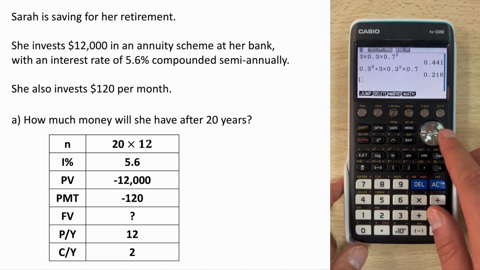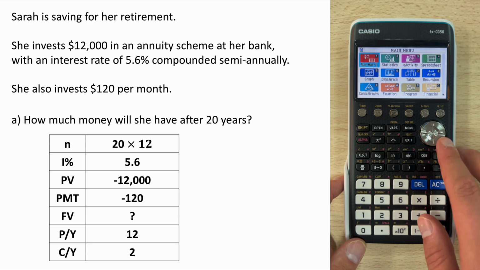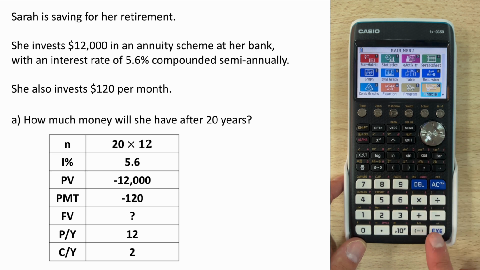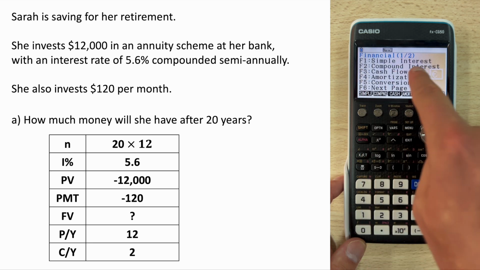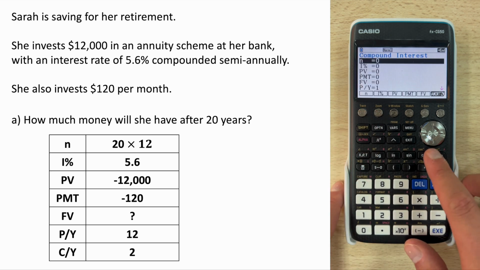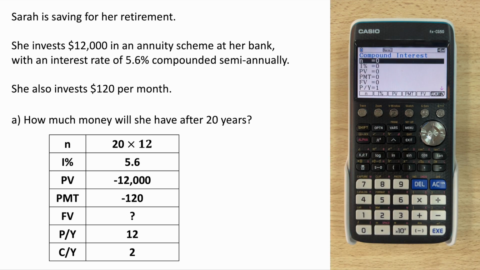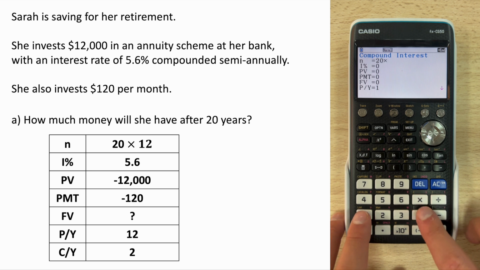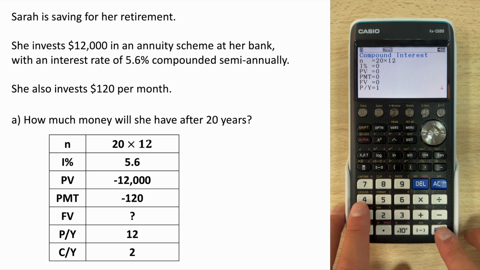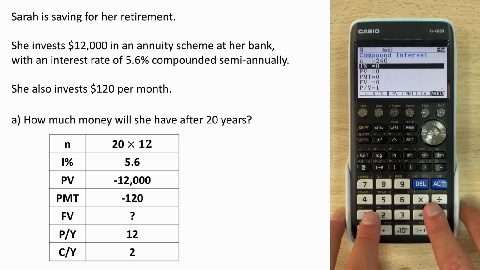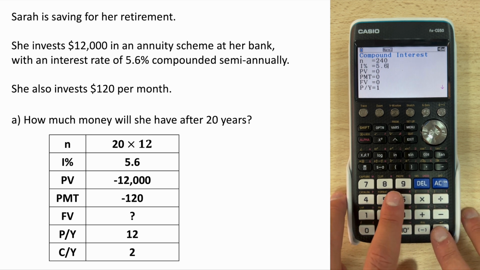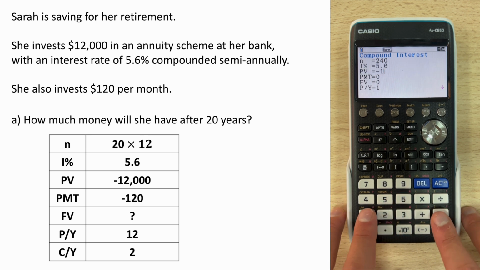Got the calculator here. We're going to go to the Finance app, press enter, and we're going to choose F2, compound interest. You're going to type in exactly as it says in the table, 20 times 12, which is 240. The calculator does that for you. Interest rate is 5.6. Present value is minus 12,000. Payments is minus 120.